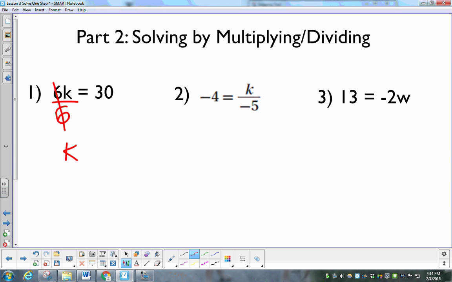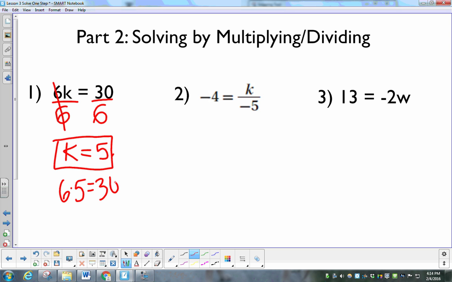Now I also have to do that to my other side. So I have to divide by 6 on the other side, and 30 divided by 6 is 5. So here I end up with k equals 5, and I can check my work here. 6 times k, so 6 times 5 is 30, and 6 times 5 is 30. So it worked out.